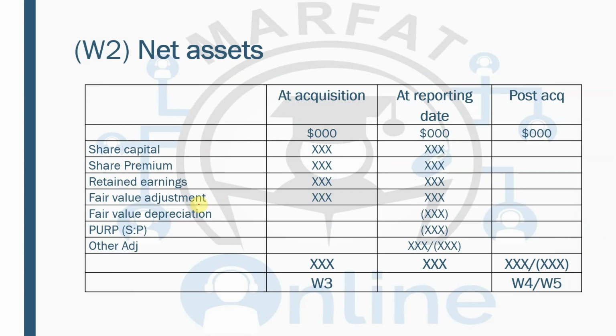Now the next working, which is very important, is the net assets of subsidiary. We'll be looking at the net assets of subsidiary at acquisition and net assets of subsidiary at reporting date. At acquisition means the date on which the subsidiary has been acquired. And at reporting date means when the consolidated financial statements are prepared.